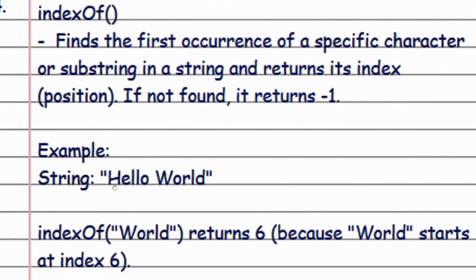The string is hello world, and given is indexOf world. As you can see, it returns 6, because world starts at index 6. As you can see, 0, 1, 2, 3, 4, 5 and 6. W starts from index 6.